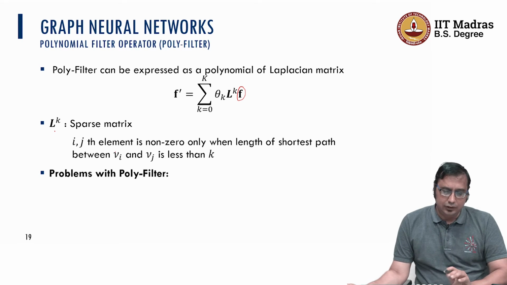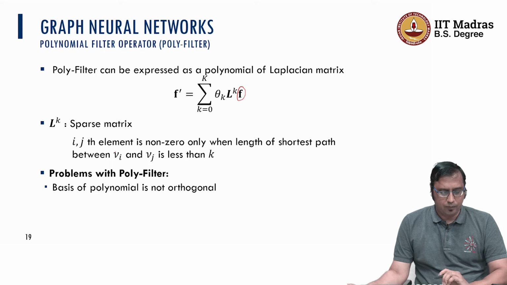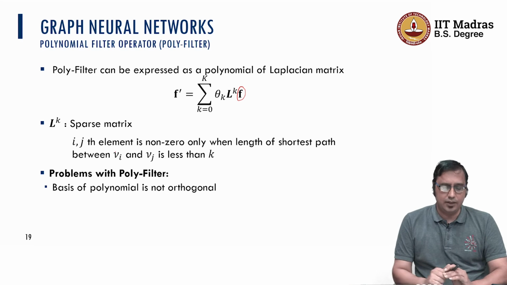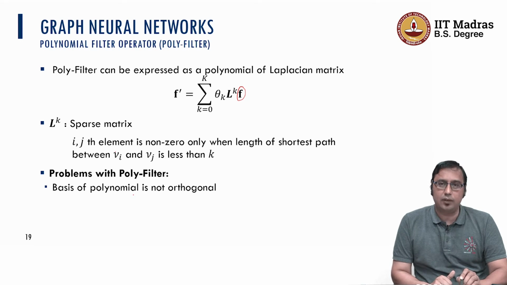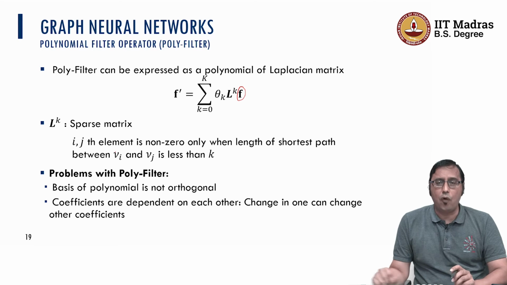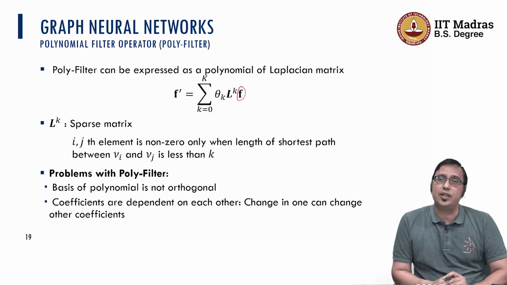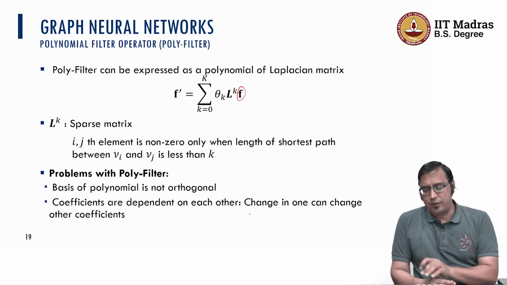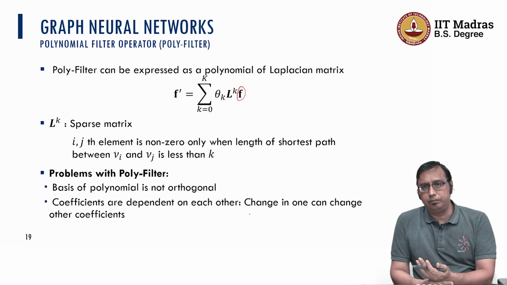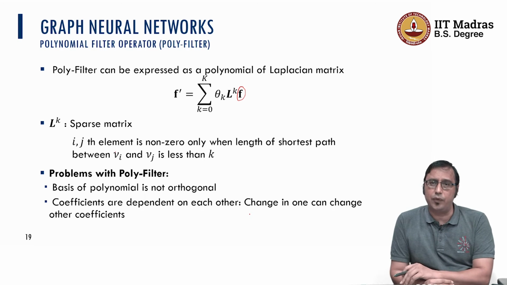However, this also has a certain problem. One of the main challenges is that the basis of the polynomial which we have defined is not orthogonal. Hence the coefficients theta k which we are computing depend on each other, and there might be some correlation. Or the other way you can think of it, a change in one variable leads to changes in other coefficients.